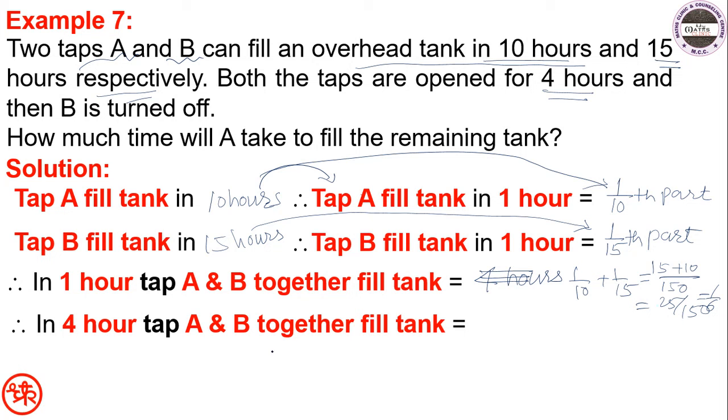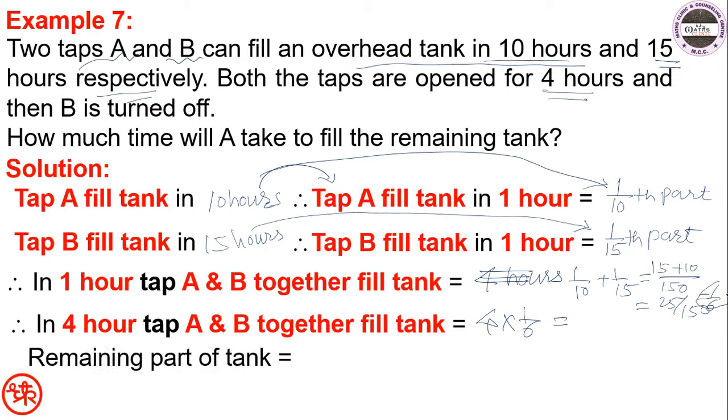Okay, and therefore in 4 hours tap A and B fill 4 multiplied by 1 by 6. Look at here, 1 by 6. So 4 into 1 by 6 is what? 2 2s are 4, 2 3s are 6, that is 2 by third part.